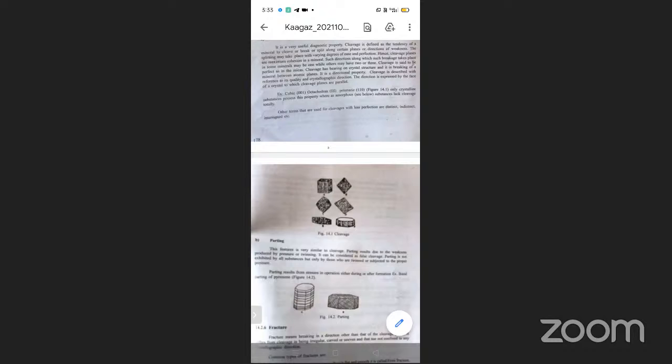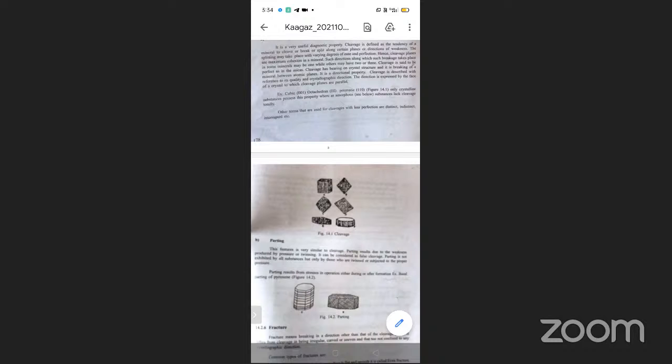Where there is a weakness produced by pressure or twinning, there is definitely a breaking point, and there we have a chance to break the mineral. Parting results from stress in operation, either during or after formation. An example is the basal parting of pyroxene minerals.